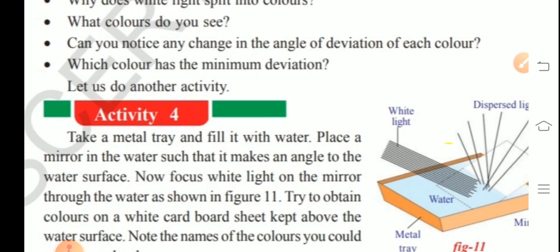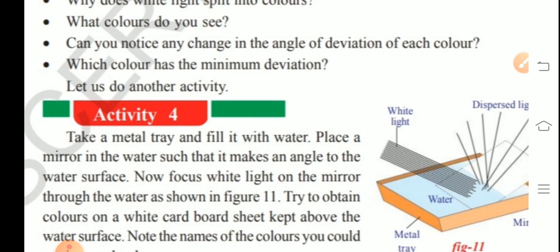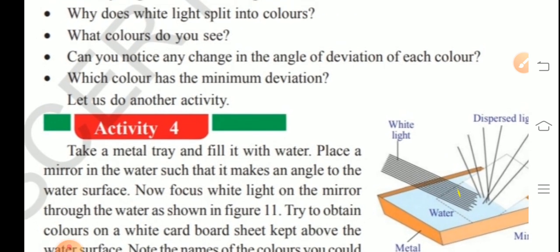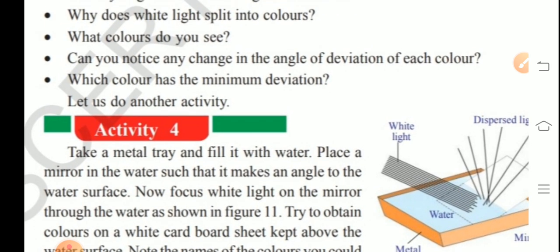Absolutely, there is a change in the angle of deviation of each color, because each color has its own wavelength and refractive index. Due to the change in these values, the angle of deviation changes for each color. Which color has the minimum deviation? Red color.